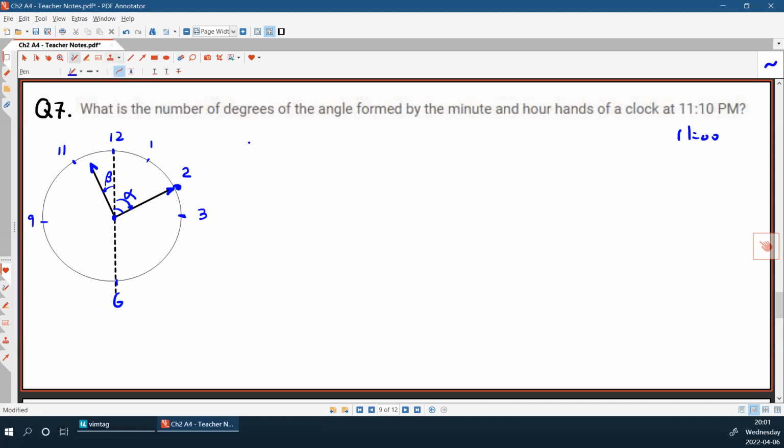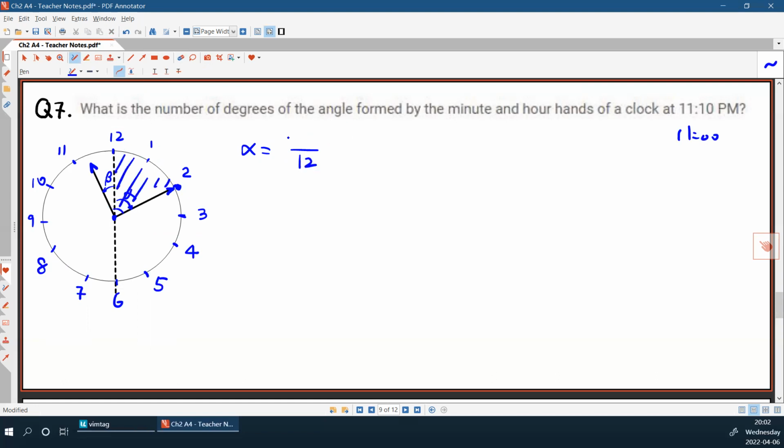Can you calculate alpha? So note here, how many marks do we have on the clock? We have 12, right? And it covers 2 of the marks here.